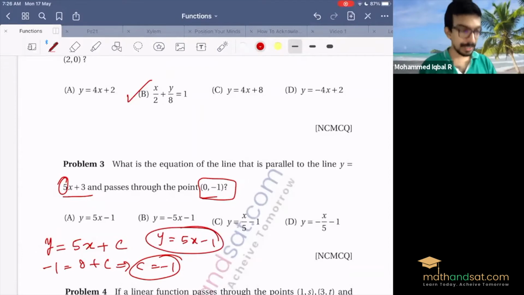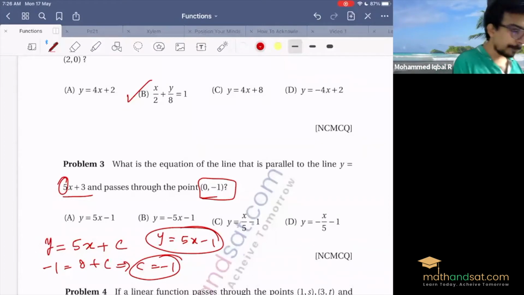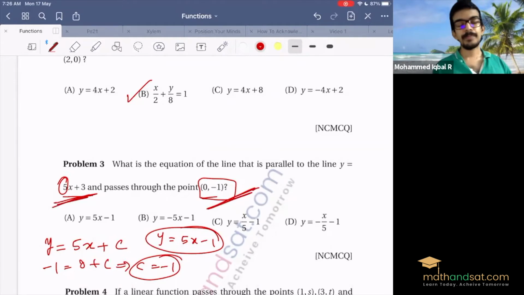Or even otherwise, just by looking at the point, 0, -1 is the point on the y-axis. So -1 represents the y-intercept, right? So we have the y-intercept from the point, we have the slope from the original line. So your answer is y is equal to 5x minus 1 without doing any work. The answer is very clear, right?